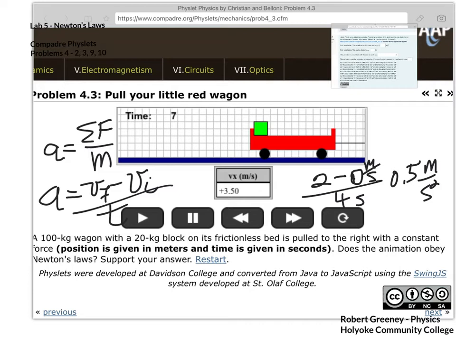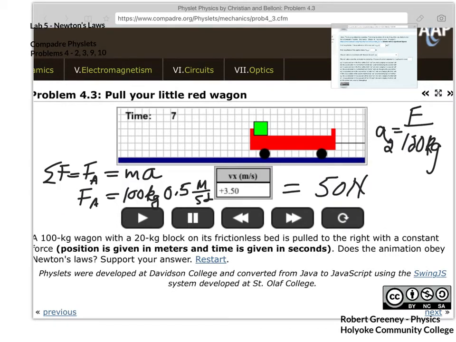And it went from 3 to 3.5, so that's advanced 0.5 meters per second in 1 second. Oh, it looks like the same acceleration. It looks like it didn't slow down. The force is constant, so that acceleration can't be correct, right? What should the acceleration be?